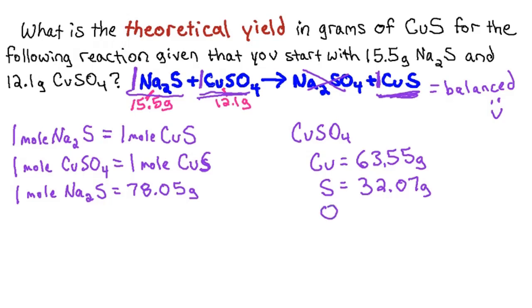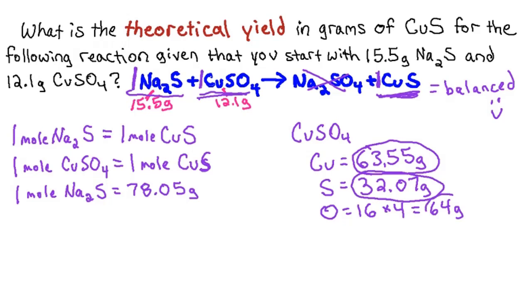And then oxygen is 16 grams, and there's 4 of them. So that's 64 grams. Now we need to add all these up, the 63.55, 32.07, and 64. And that is going to give us 159.62 grams per mole.